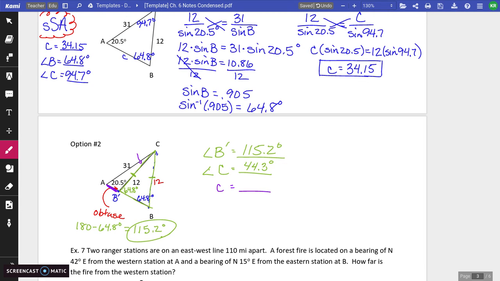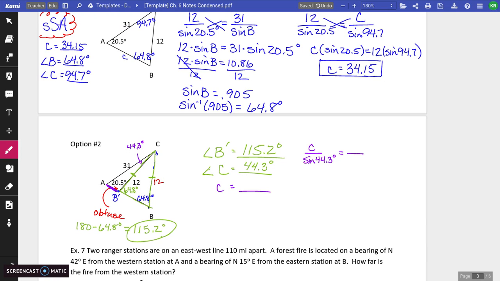So this is 44.3 degrees. Since we want to find side C, we're going to do side C over the sine of 44.3 degrees.